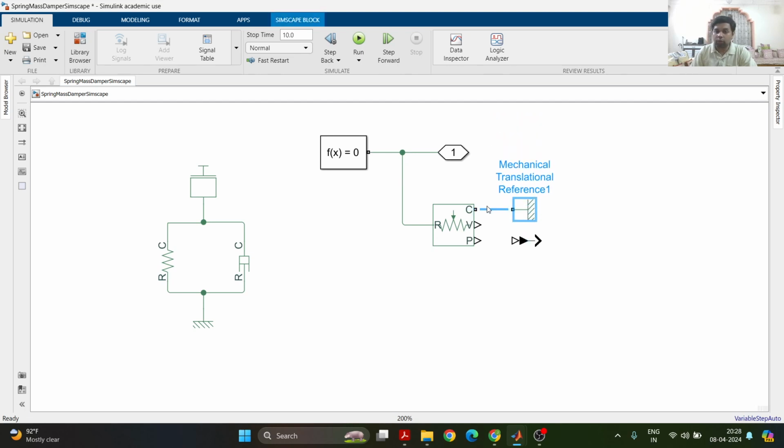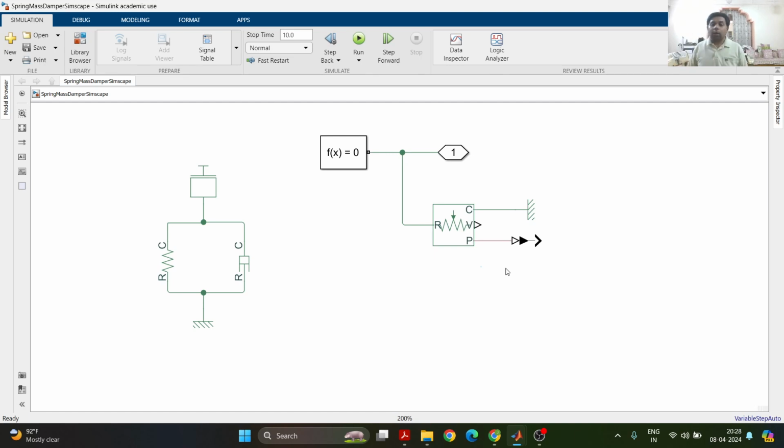So this port C is grounded. This is somewhat non-intuitive, but I think it's some kind of procedure, or you can say syntax, for this language of Simscape, or whatever it's called.